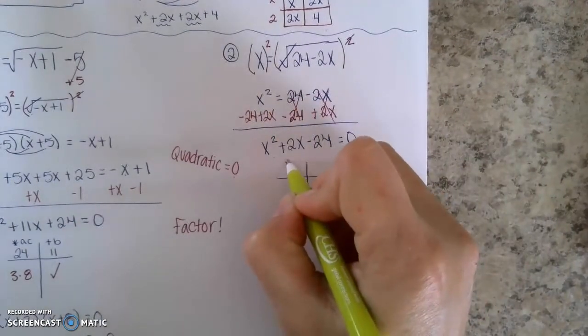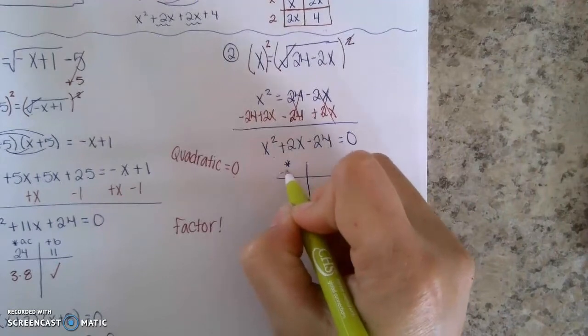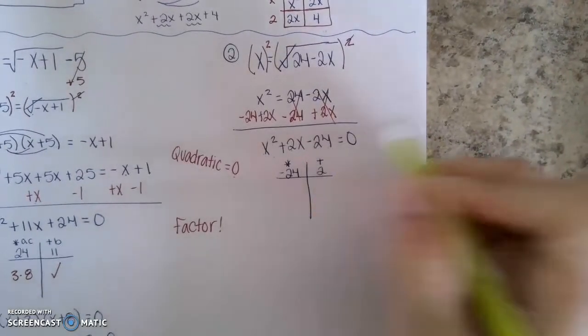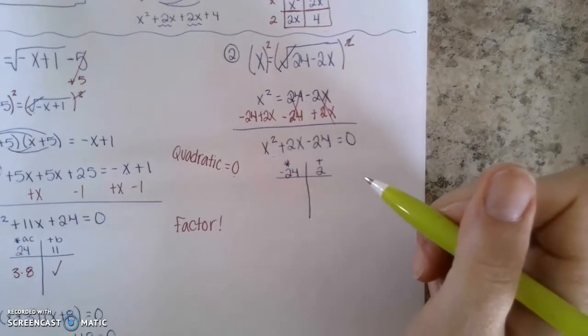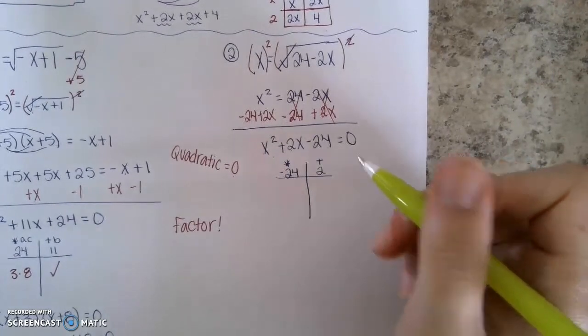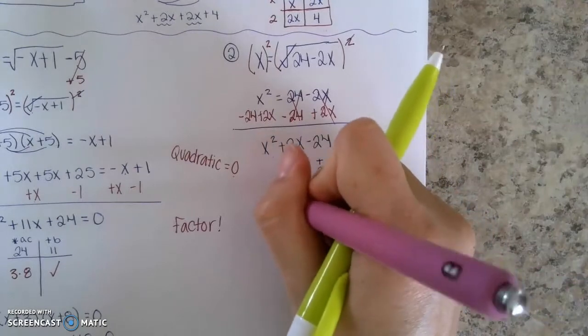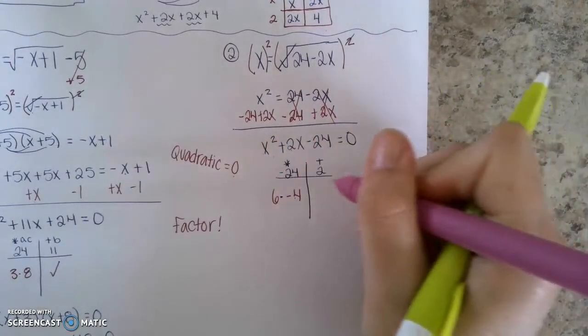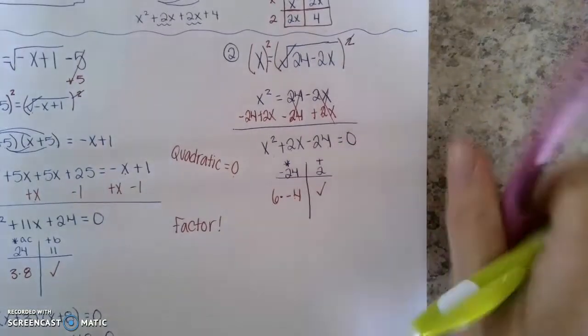So again, what multiplies to get me negative 24, that will add to get me a positive 2. Hopefully you're thinking 6 times negative 4. That multiplies to get me negative 24, but it adds to get me a positive 2.